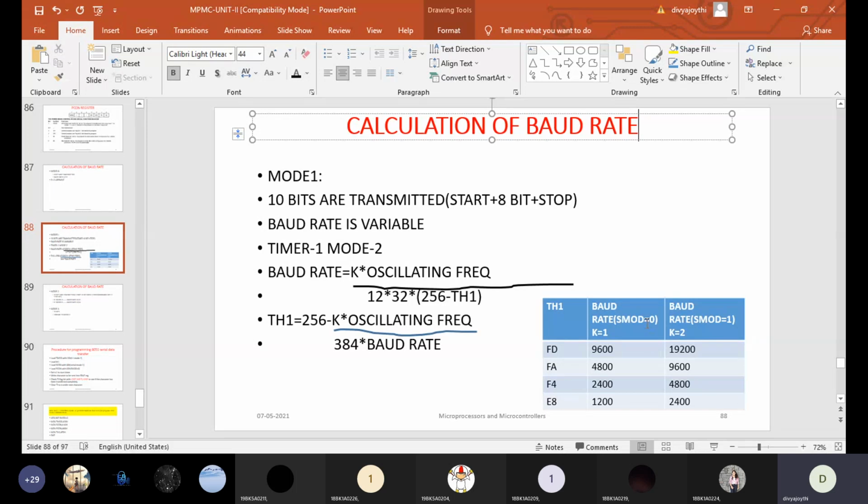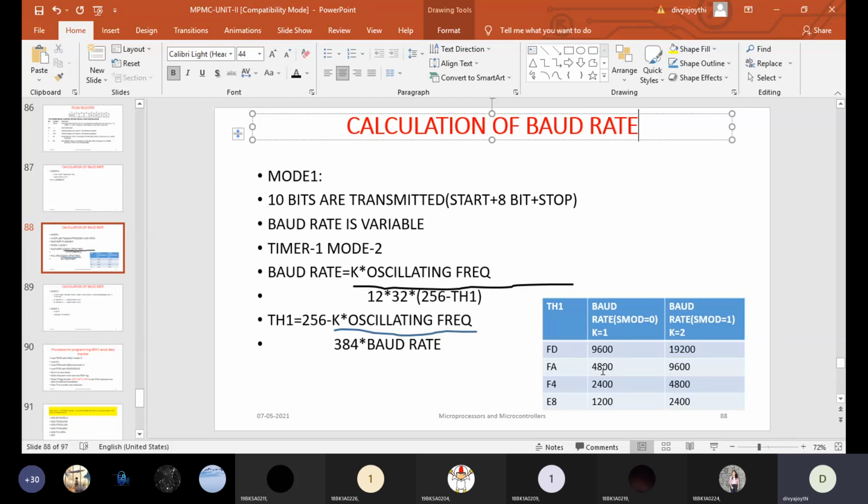So if SMOD is equal to 0, then K is equal to 1, and if 9600 is the baud rate, then its corresponding hexadecimal value that needs to be loaded onto TH1 is FD. These are all predefined, which we need to remember.